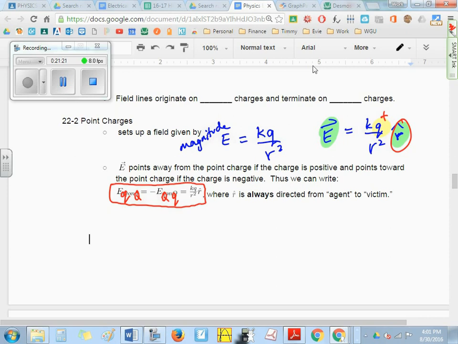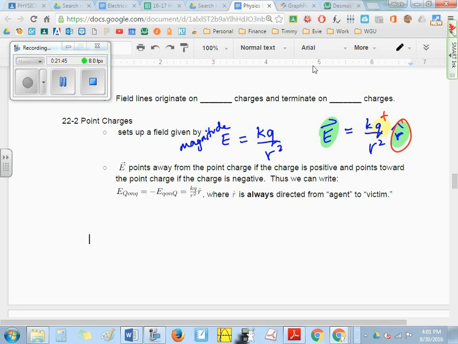So either way you want to look at it, the only difference between the charge A acting on charge B field and the charge B acting on charge A field is a direction thing. Okay? And so you'll notice it doesn't even require a second charge. You don't even need a second charge. You just have to have one charge to set up the field.